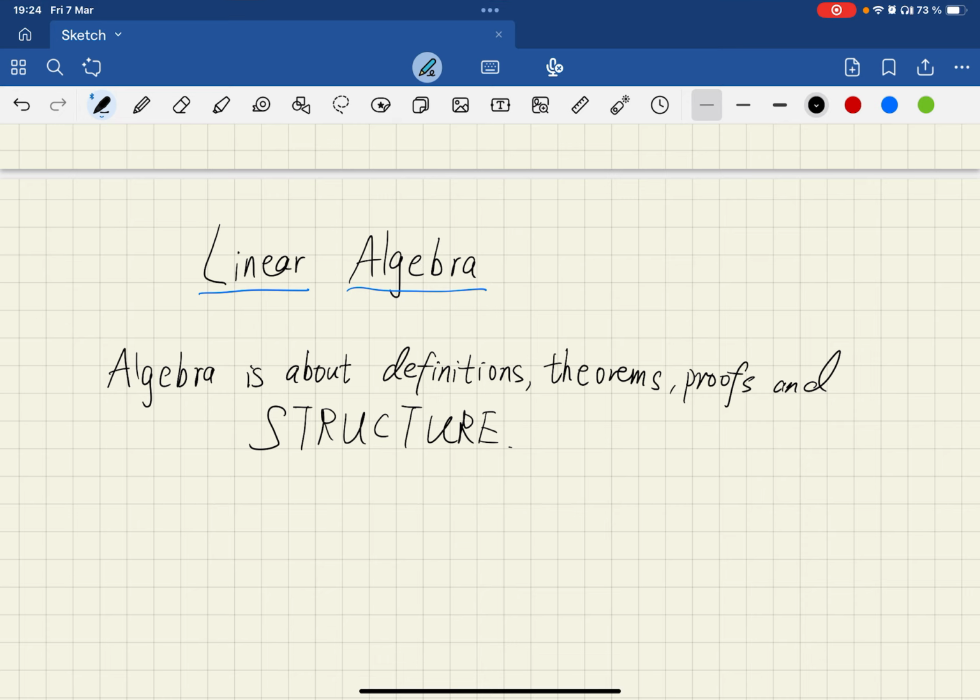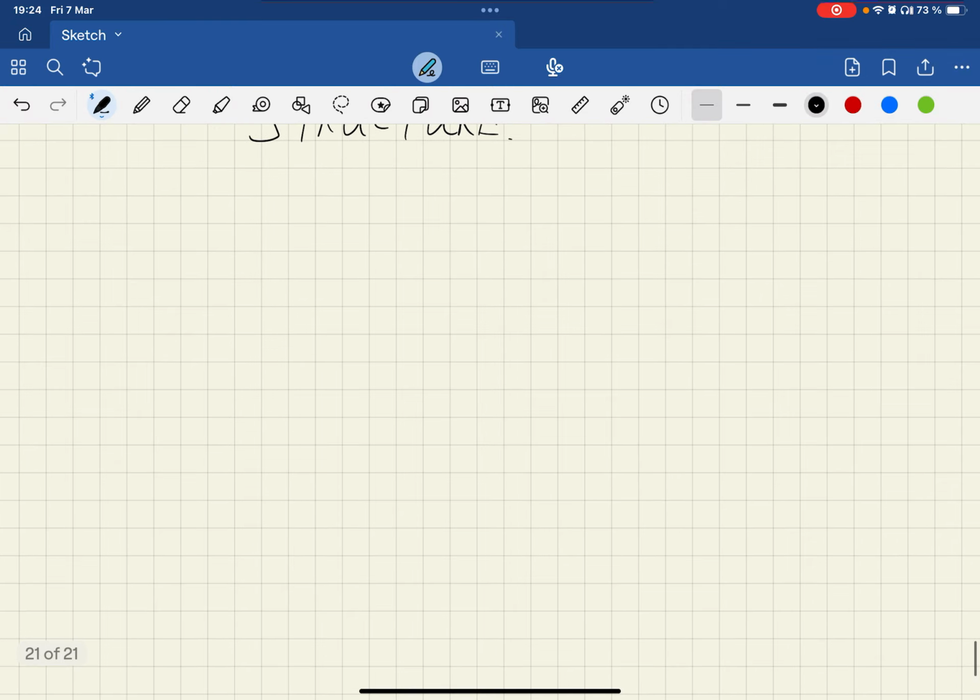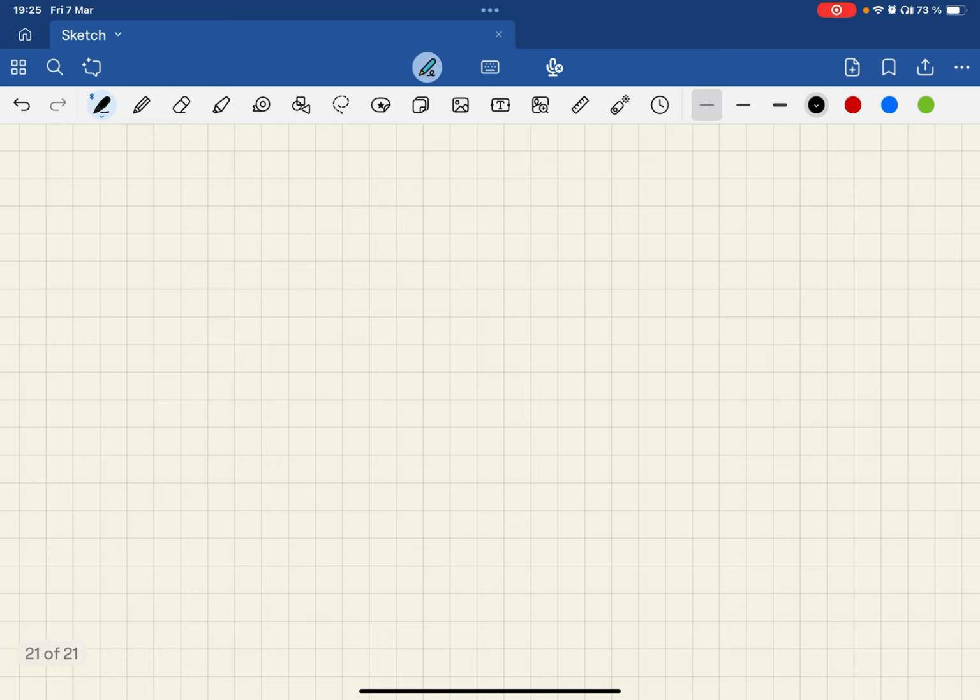So what we really care about is the linear part in algebra, not the whole algebra. So you may ask, what is linear? So what is a linear?